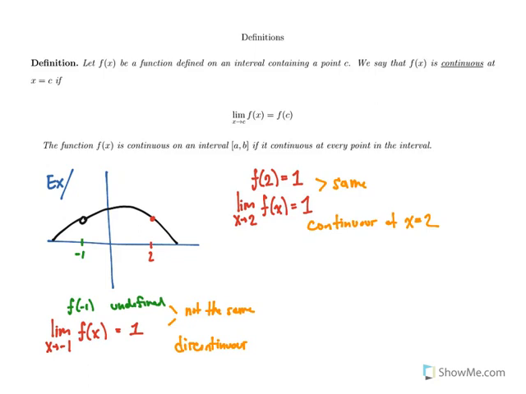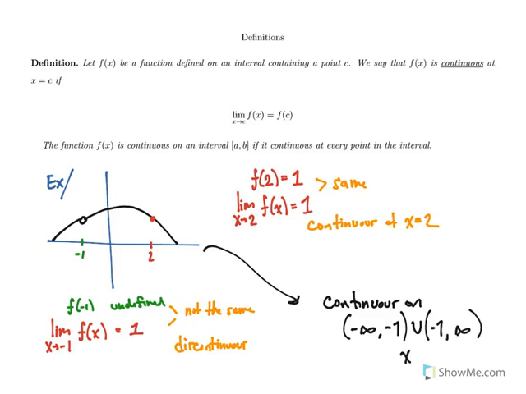We say a function is continuous on an interval if it's continuous at every point in that interval, right? So we can say that this function here is continuous on the interval -infinity to -1 union -1 to infinity, everything but -1.